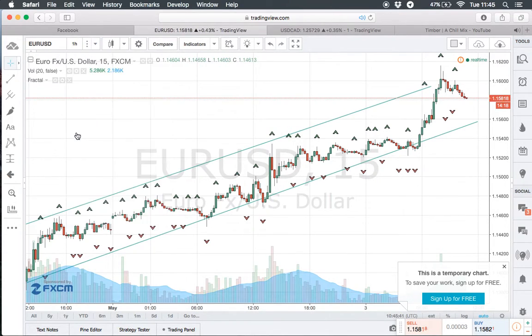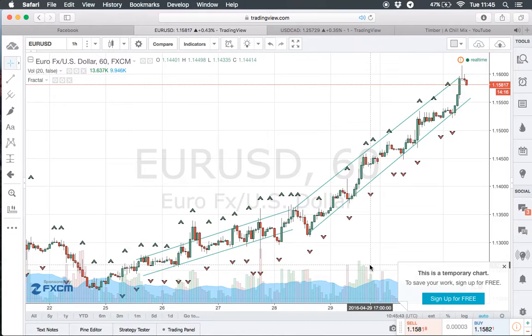You don't need to overcomplicate it. All you've got to do is touch; make sure the wicks nearly touch or touch. The wicks are touching, or nearly touching, but it's still basically a channel. Anthony refers to these as walls.